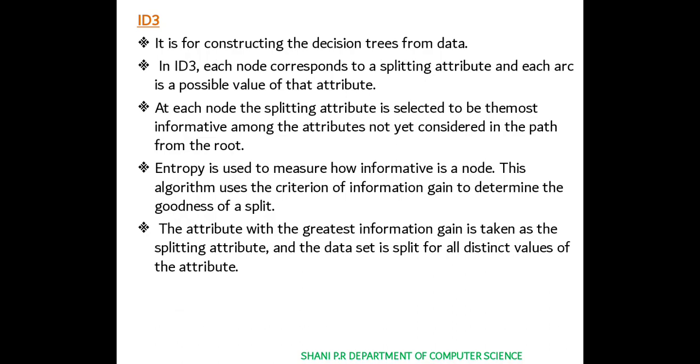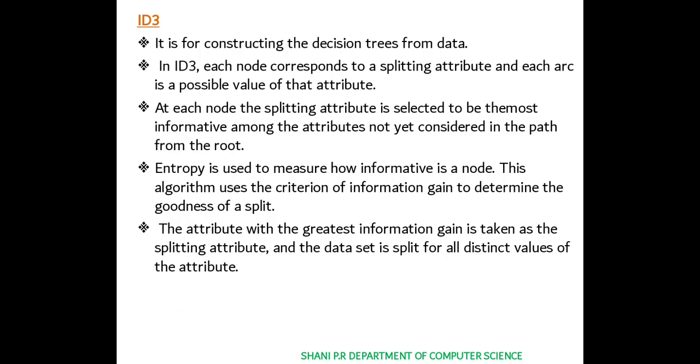Entropy is used to measure how informative a node is. This algorithm uses the criterion of information gain to determine the goodness of a split. The attribute with the greatest information gain is taken as the splitting attribute and the data set is split for all distinct values of the attribute.